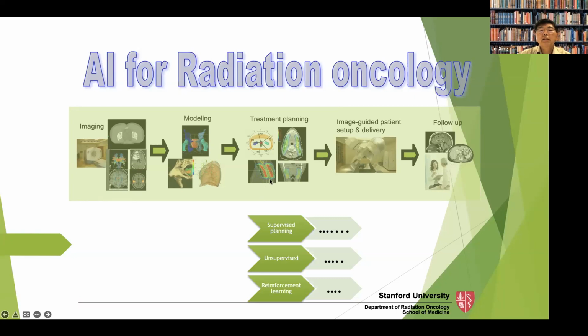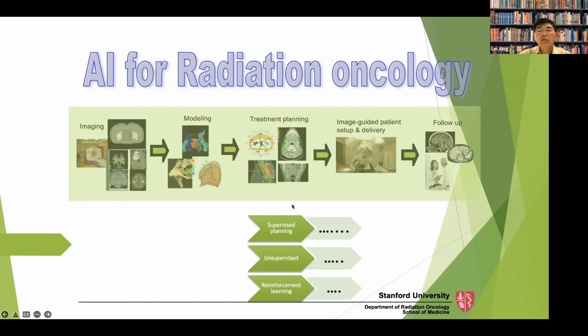In this patient, you can see the red is the patient's C-spine tumor, and you don't want to overdose the spinal cord. And this is a head and neck patient. The neck lymph nodes need to be treated, but there are a lot of sensitive structures like the spinal cord, oral cavity, and brainstem.